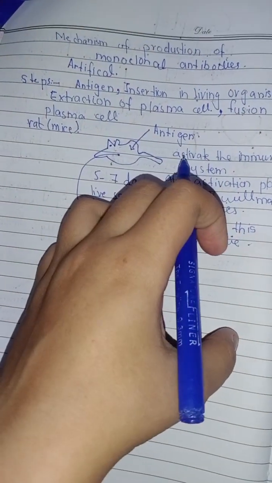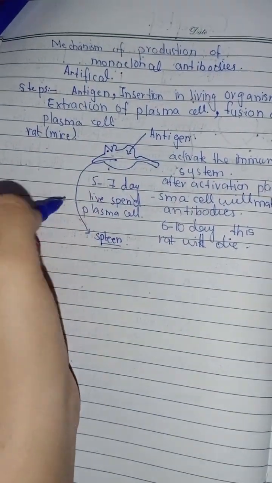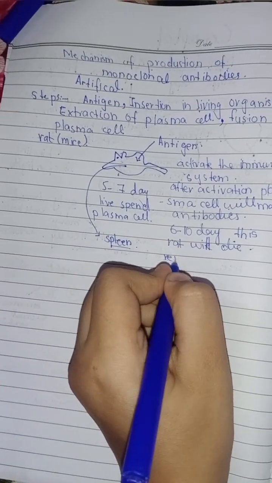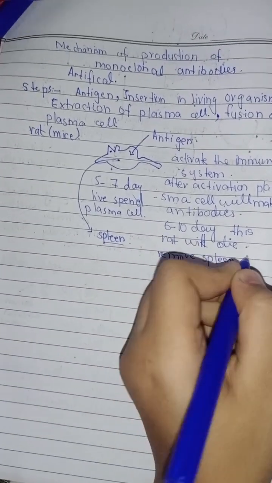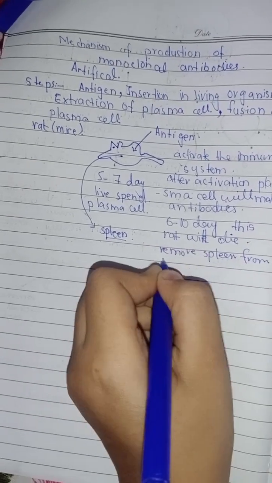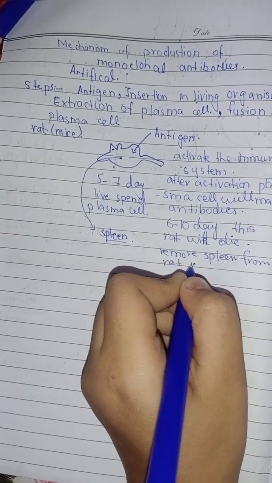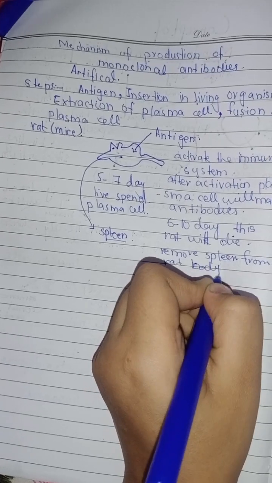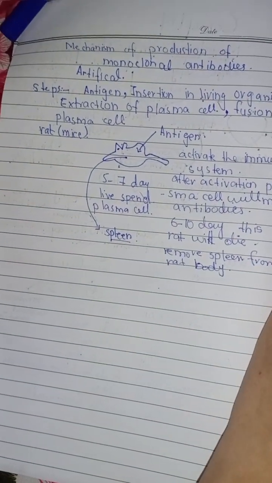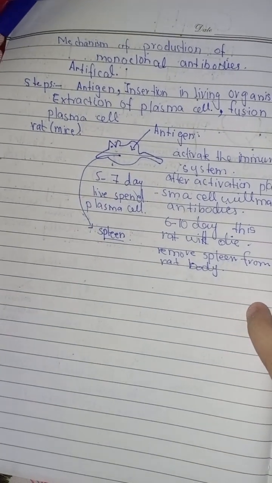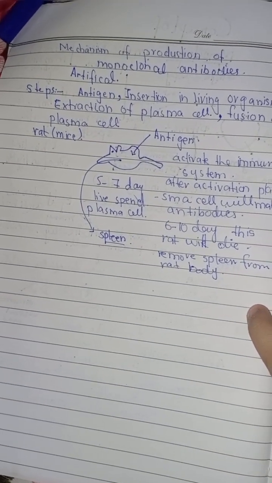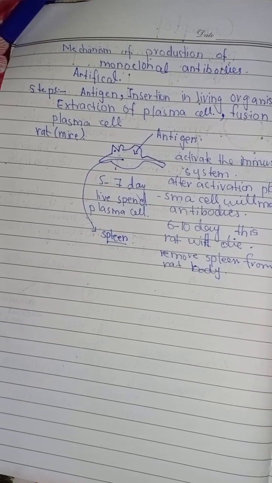So what we will do here is remove the spleen from the rat body.